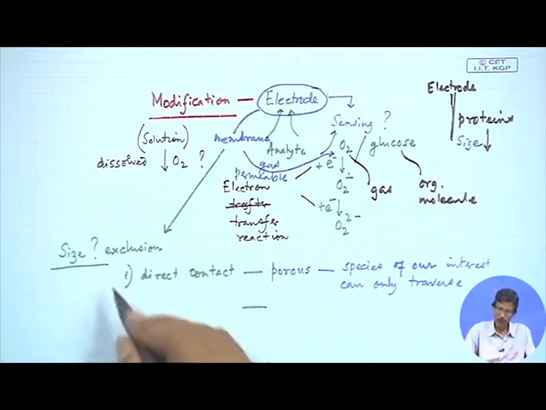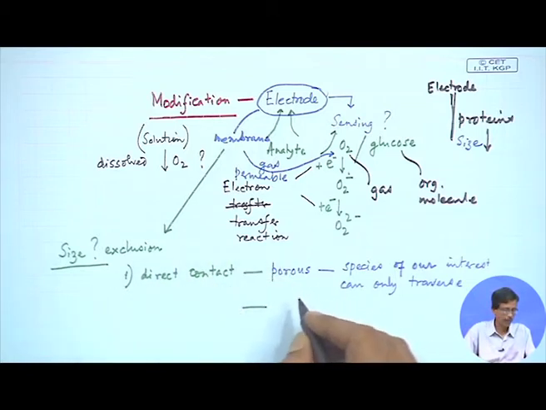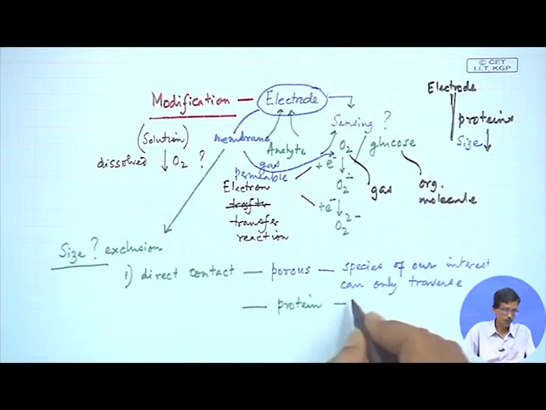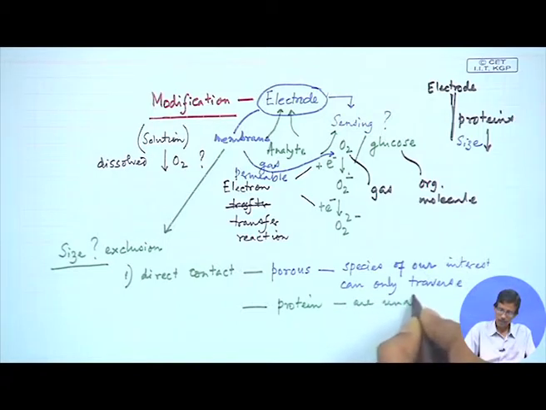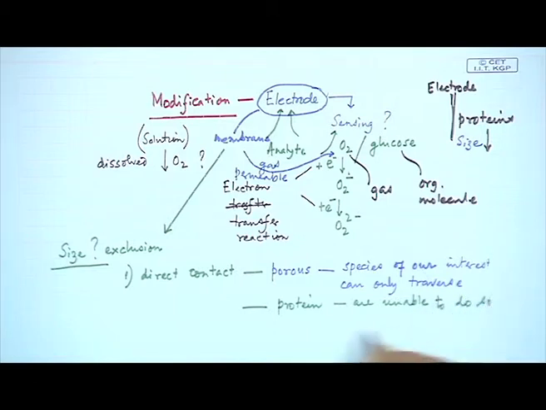So, if you allow direct contact, the protein masses are unable to reach the electrode.